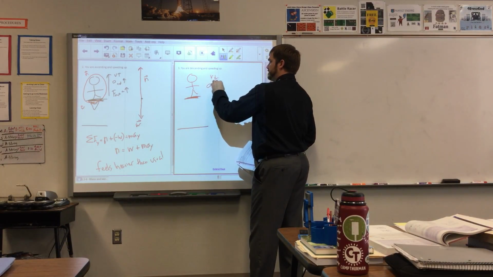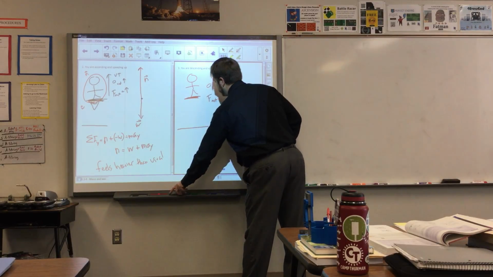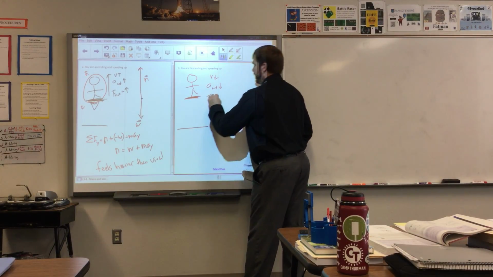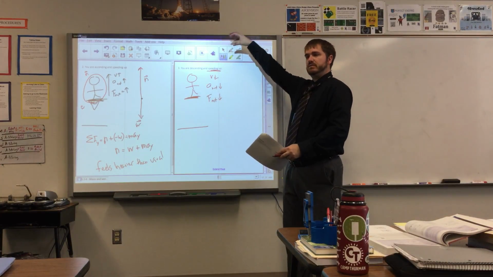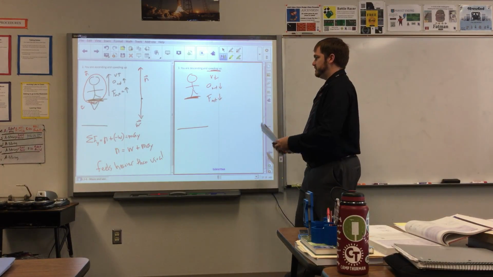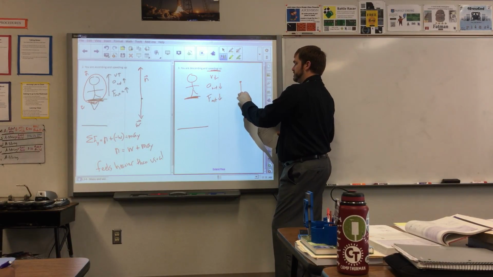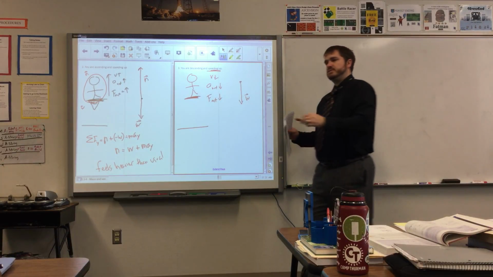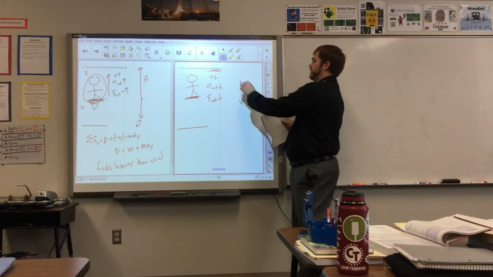Your net acceleration is downward, so therefore the net force is also downward. Speeding up means you're going faster and faster, so the velocity and acceleration are in the same direction. So there's your weight force, same as always. Normal force, smaller, larger, about the same? Smaller. You are correct.